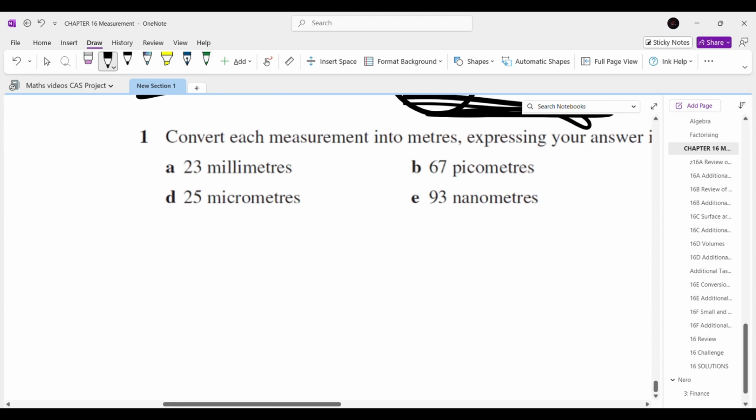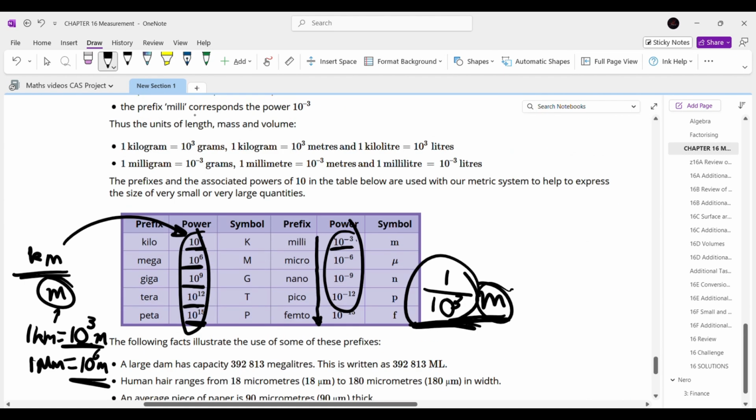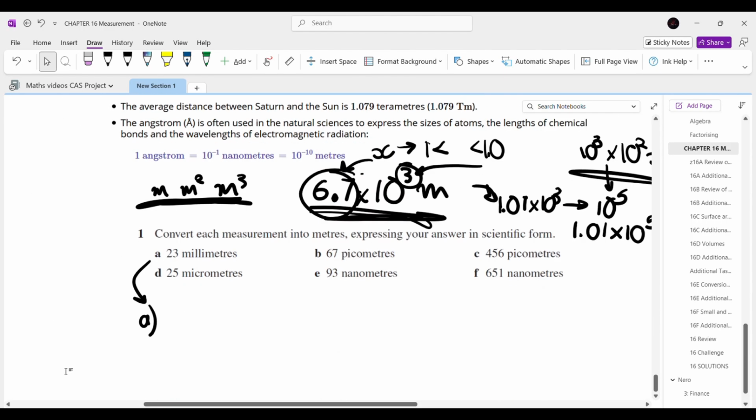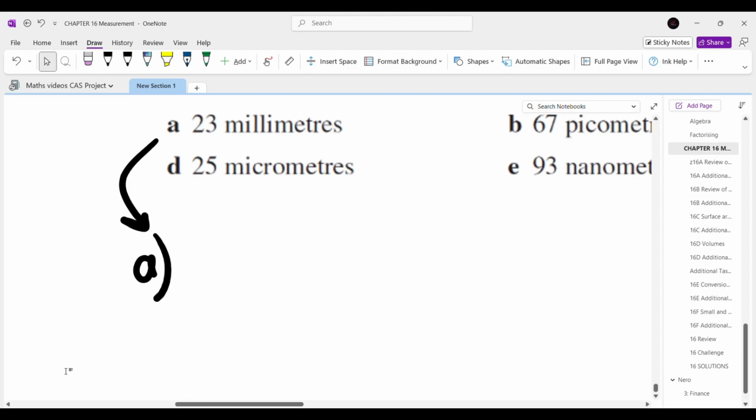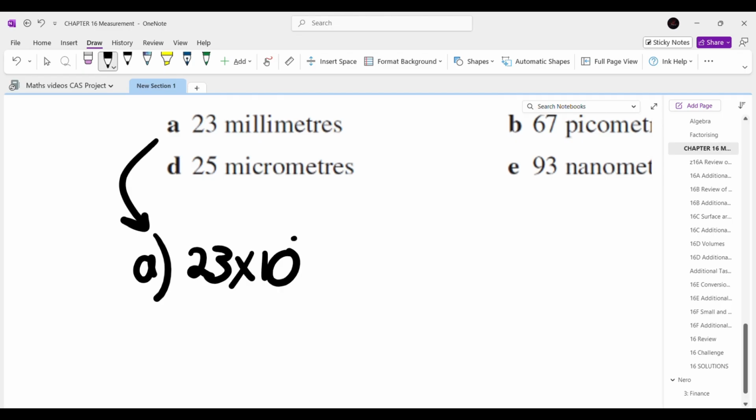So, for example, we have 23 millimeters right here. So milli is 10 to the minus 3. So 23 millimeters would be 23 times 10 to the minus 3 meters.